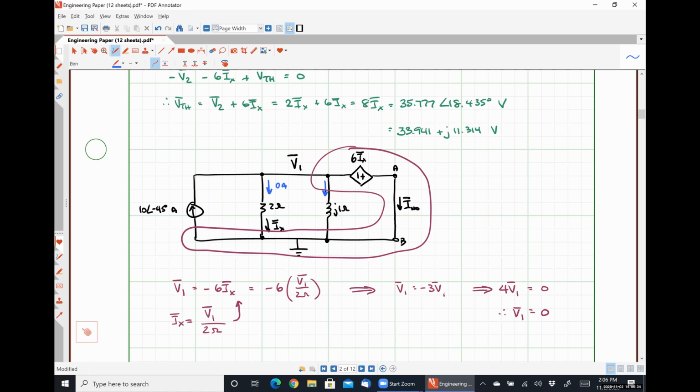Also 0, right? Because the voltage drop on this side is 0 minus the voltage drop on the other side is 0, so 0 divided by j1 is 0. So if no current can branch off and flow down through the 2 ohm resistor and no current can branch off and flow down through the j1 ohm inductor, what is I Norton? 10 angle negative 45 degrees amps. Absolutely right.